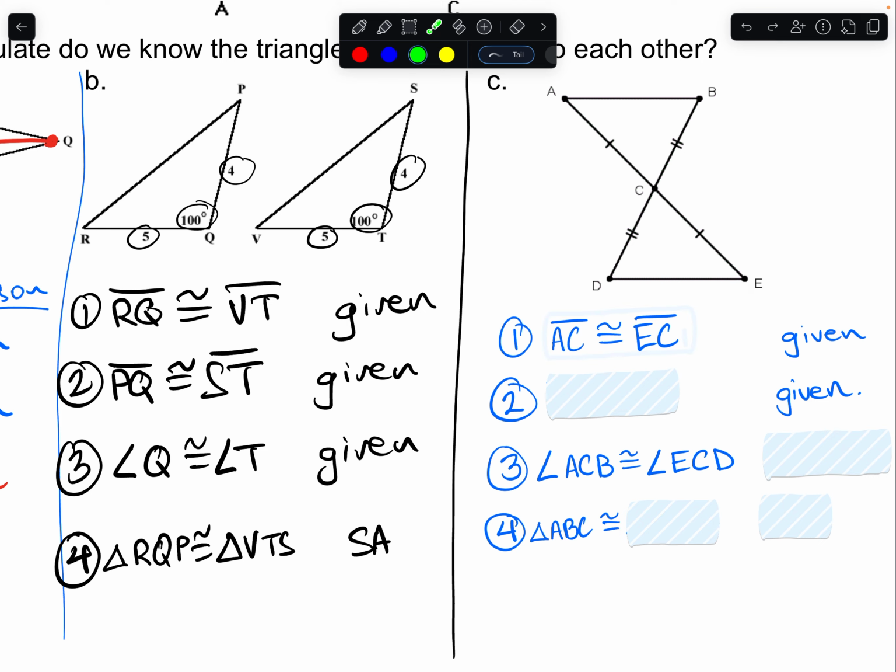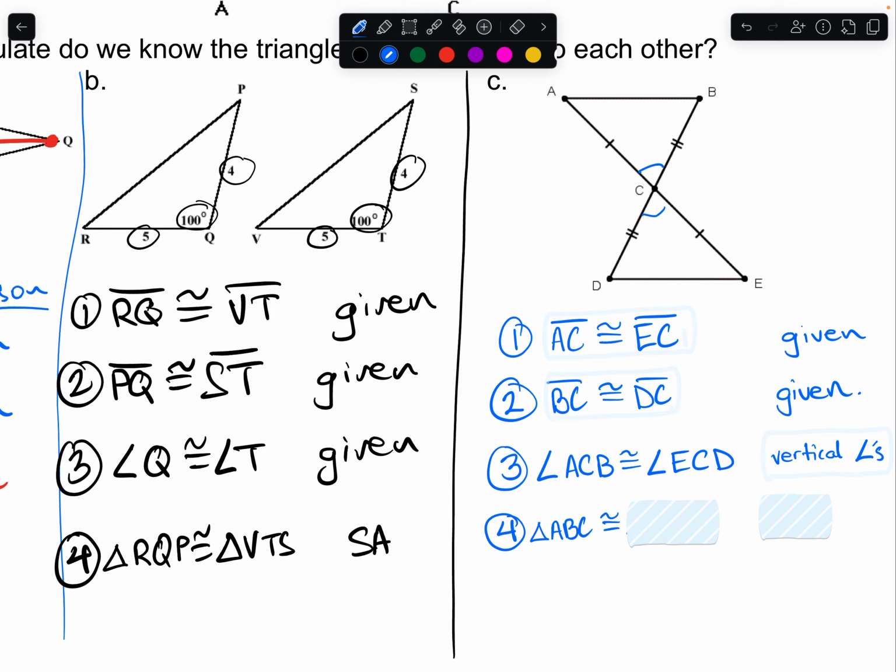Okay. Did you write the 2 given bits of information? We have a pair of congruent line segments and another pair of congruent line segments. And then we said that angle ACB is congruent to angle ECD. Why can we say that? Well, if you remember from 9.1, those are vertical angles, so they have to be congruent.